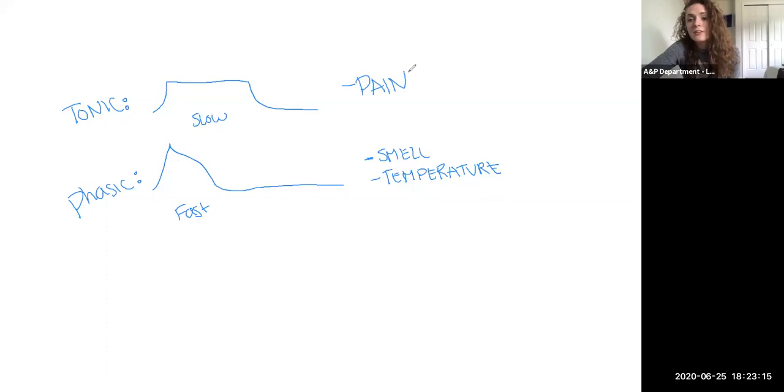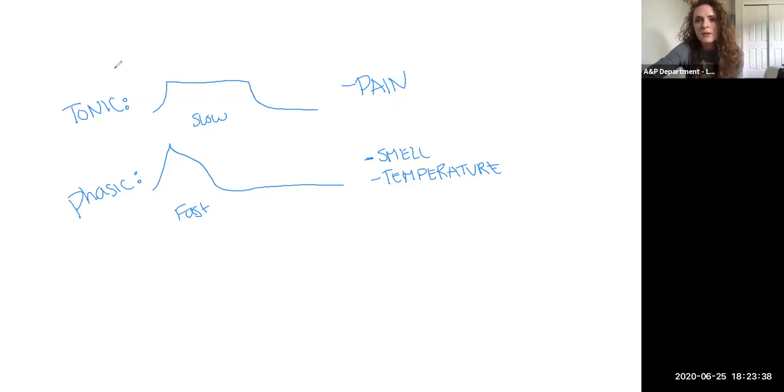You can feel that pain for a long time. Or let's say you're being burnt. You can feel the burn for a long time until you stop the burn from happening. And even then, it's still receiving those painful stimuli. So pain does not go away. It's a tonic receptor. It's slow to adapt.